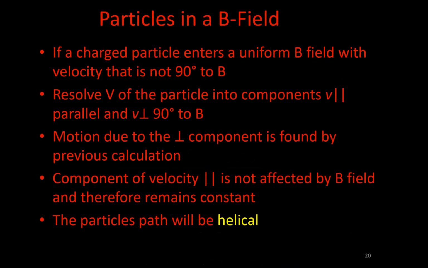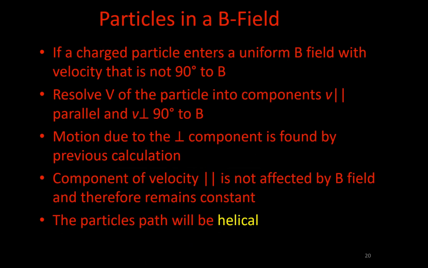So your charged particle enters a uniform magnetic field, and it's going to have a velocity, maybe not 90 degrees to B. What's going to happen if we throw a particle into a magnetic field is, rather than just move in a perfect circle, if its velocity is not perfectly 90 degrees to the magnetic field, it will continue to move forward, but also in a circle.